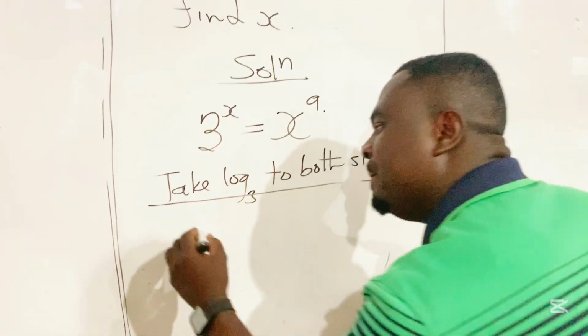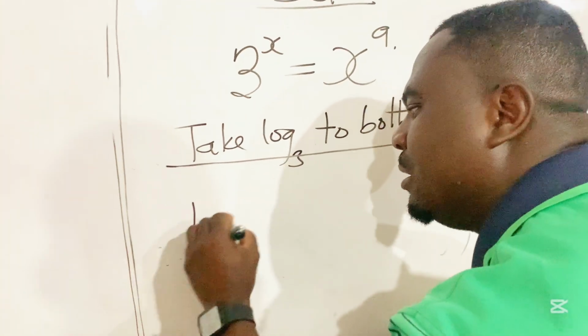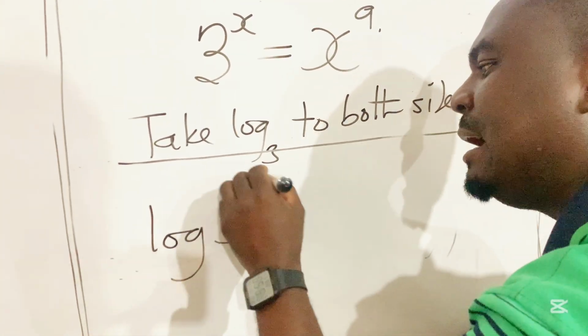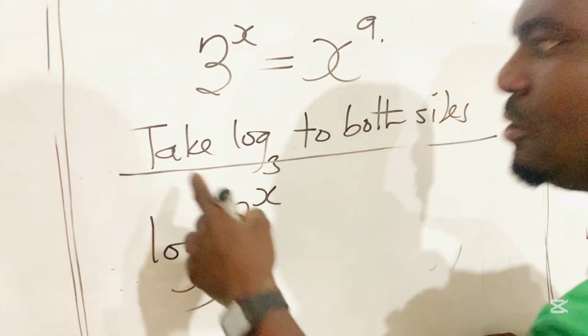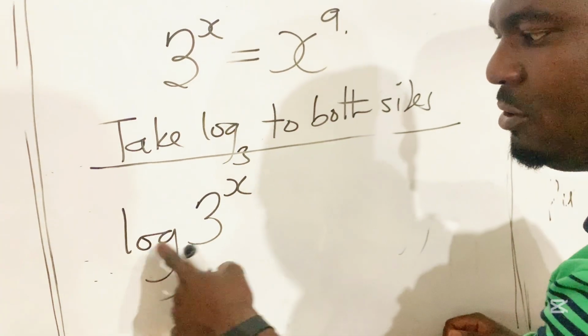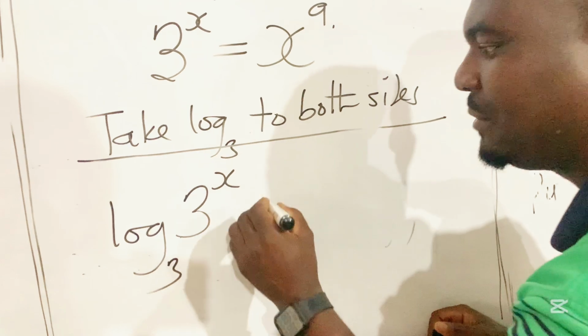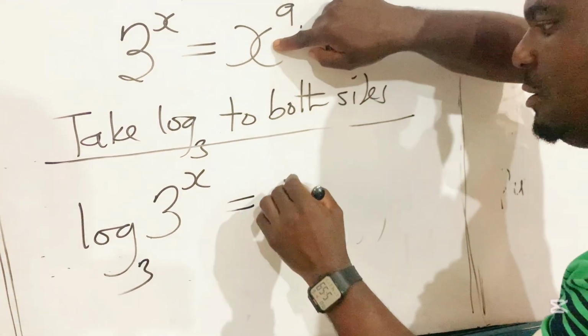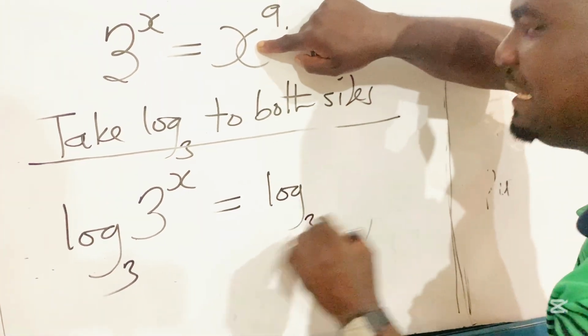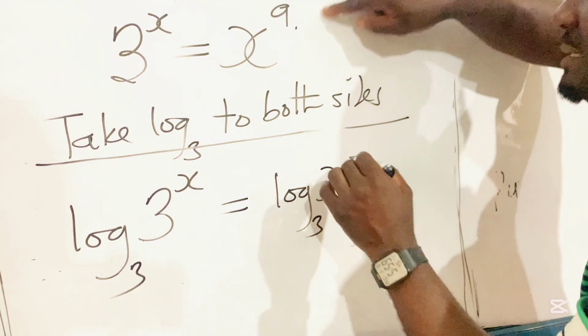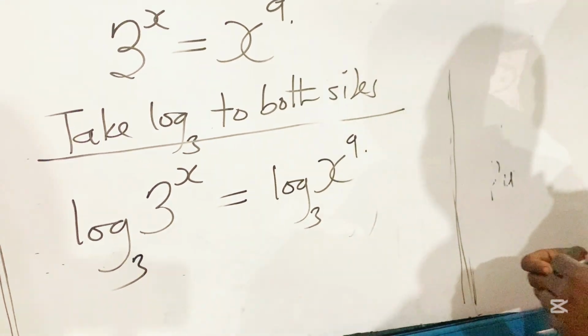So watch here. Taking log, it's going to be log 3 exponent x base 3, because we are taking log of base 3. So log 3 exponent x base 3 equal to log of base 3, and the log number is x exponent 9.